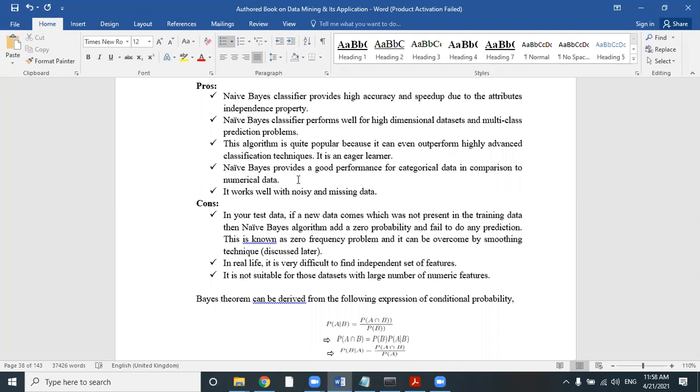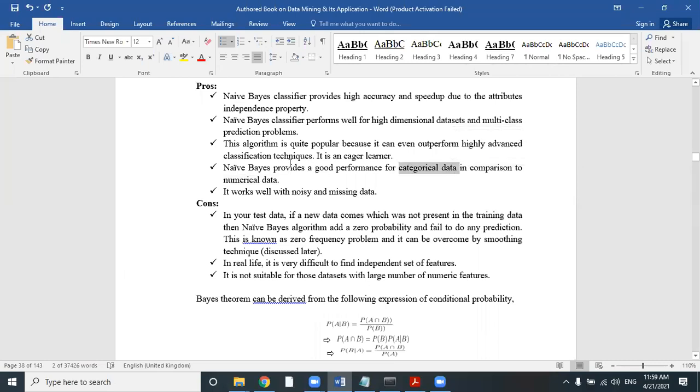Yes, very good. Male, female, genders are categorical data. I'm not asking about nominal or ordinal, that is a different thing. So naive Bayes provides good performance for categorical data, not representing nominal or ordinal, but compared to numerical data, it performs well.